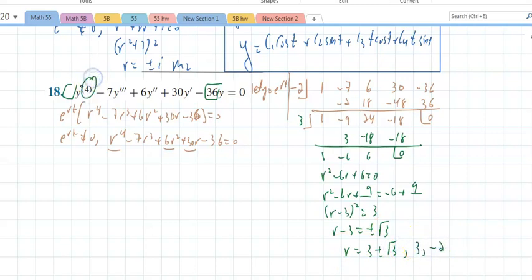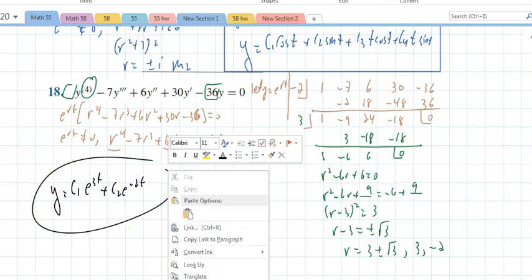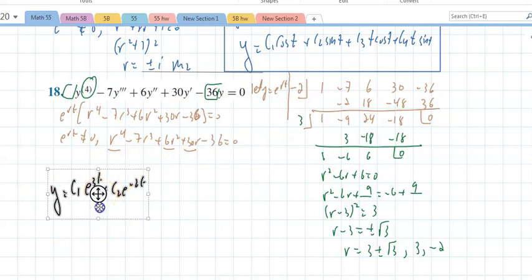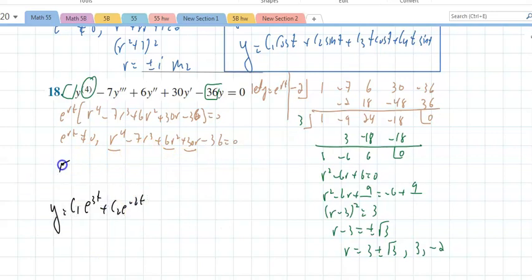It should be 4 solutions because we're looking for all solutions, real or complex. So the general solution: y equals c1 e^(3t) plus c2 e^(-2t). I could list the fundamental set: e^(3t), e^(-2t), e^((3+radical 3)t), and e^((3-radical 3)t), and any multiples of those will do.